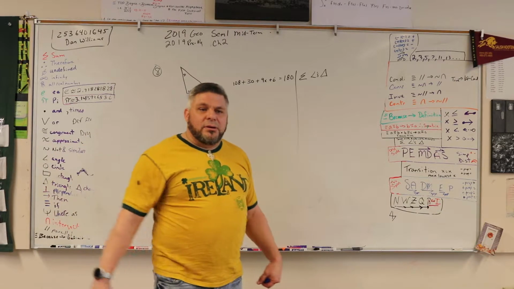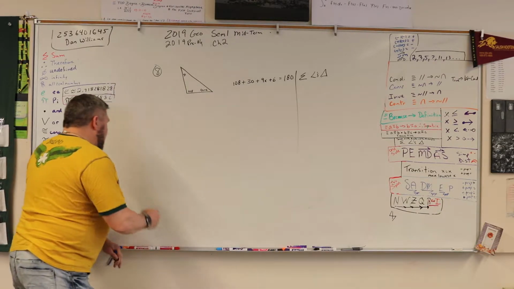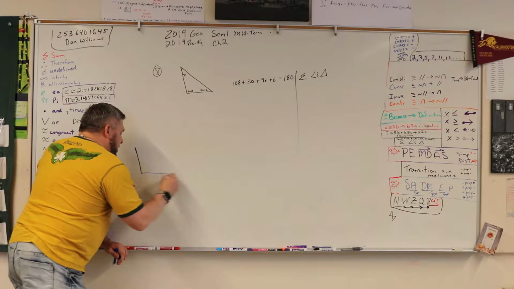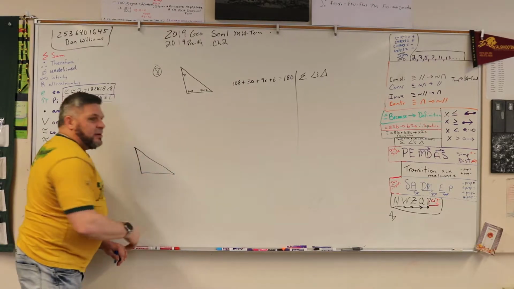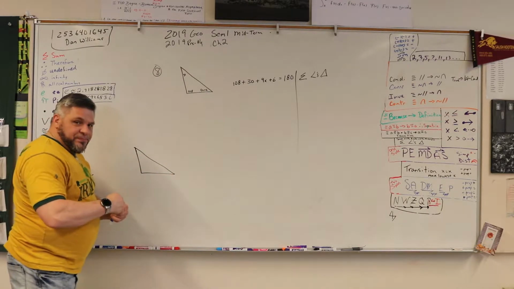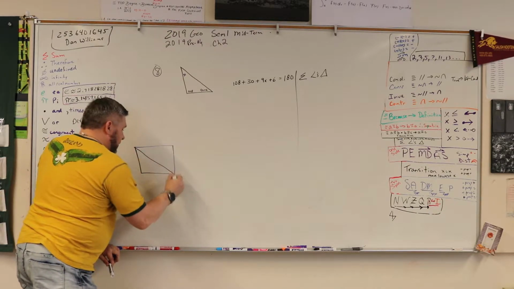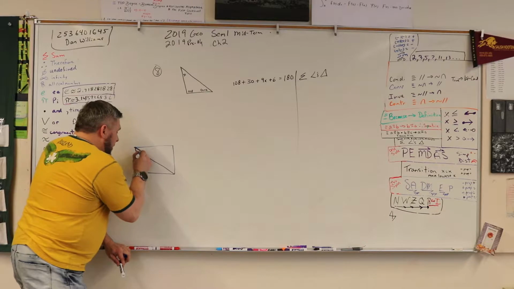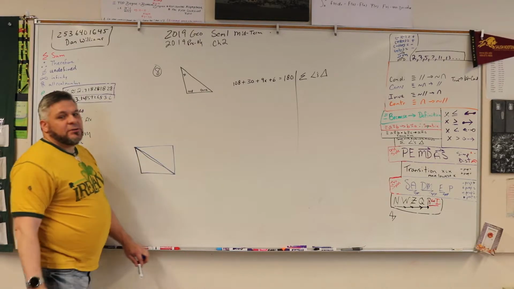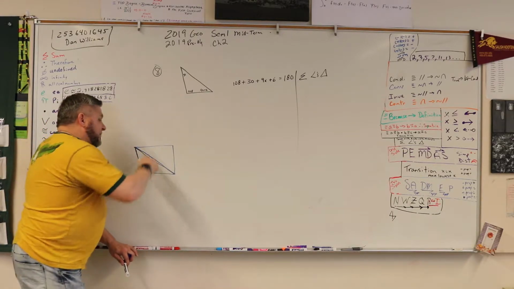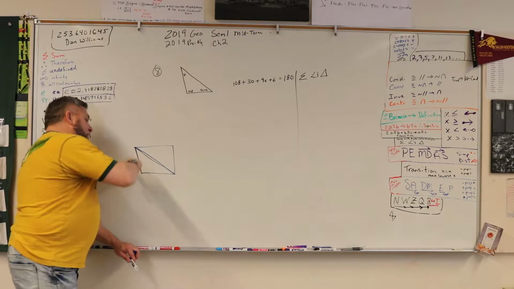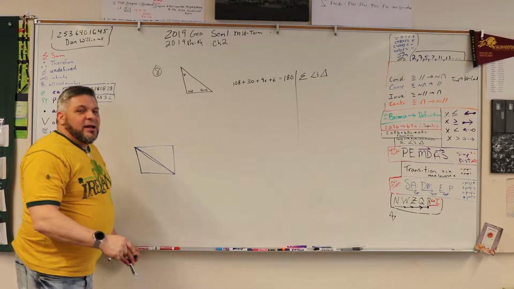What do you think? If I take any triangle, can I make a quadrilateral out of it? Yes, sir. By adding what? 2 lines. Another triangle, right? Which means what? If this triangle has 180 and this triangle has 180, 360.